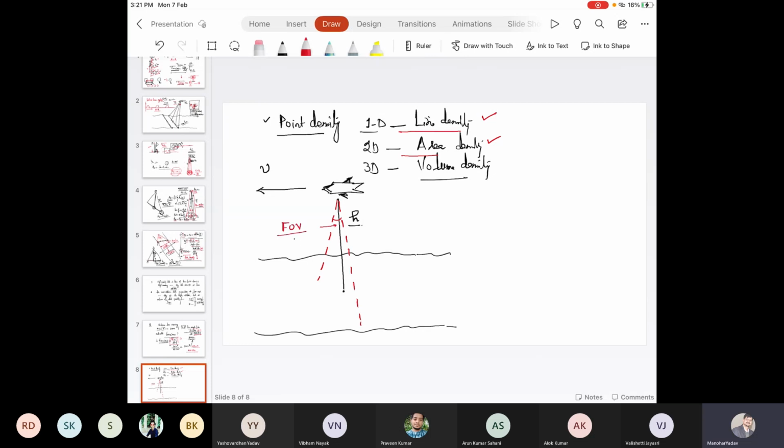It can be represented by the symbol theta over here. So this is the area strip that is covered along a flight line.